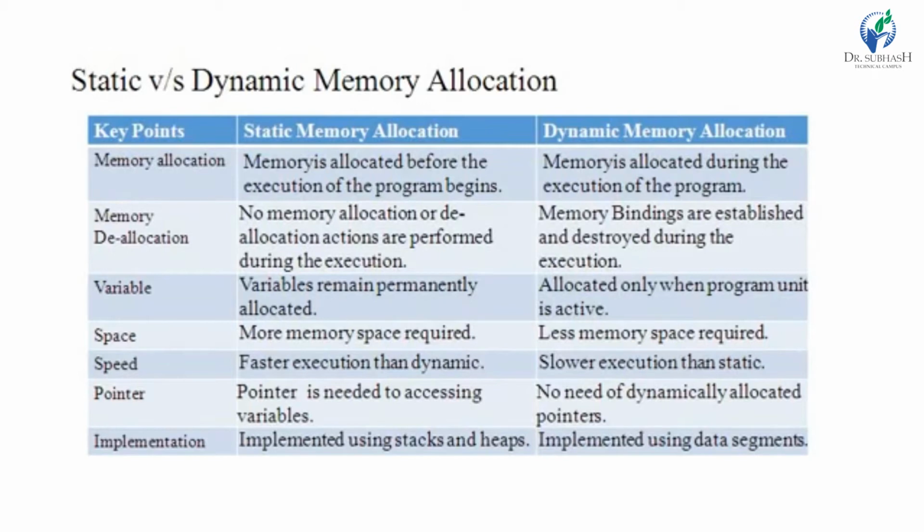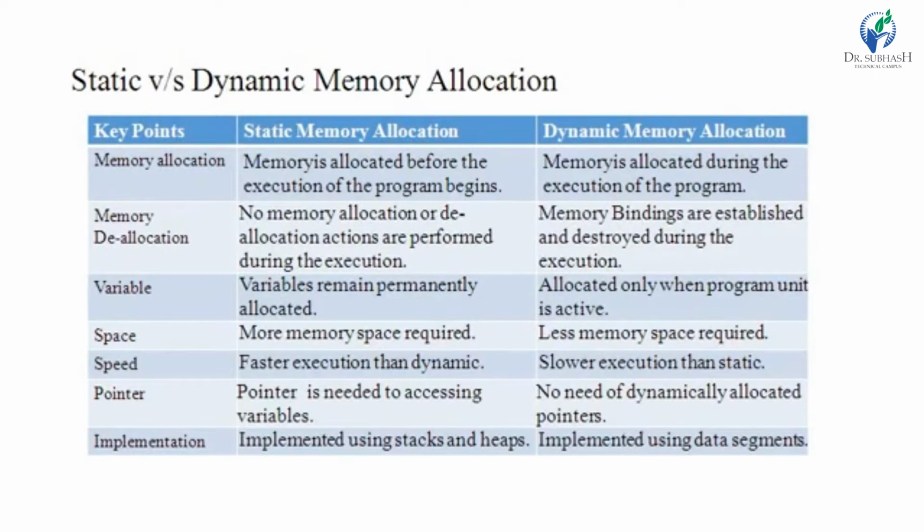Because in static allocation, first you have to declare all the variables, whether used or not used, while in dynamic memory allocation, memory is required only for the variables which are used. So it is considered to use less memory compared to static memory allocation.